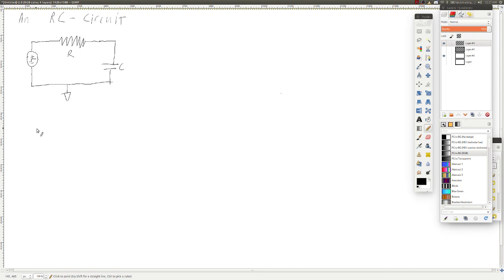And let's go ahead and define how our voltage source behaves. The voltage source here is defined as having a voltage with respect to time such that for all times less than 0, the voltage is 0. And then at time t equals 0, the voltage will jump to 1.